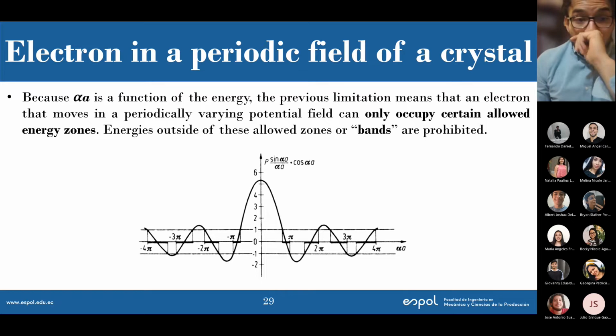Therefore, an electron that moves in this periodically varying potential field, in this potential infinite one, can only occupy certain allowed energy zones. Energies that will be outside these zones or these bands are obviously prohibited.